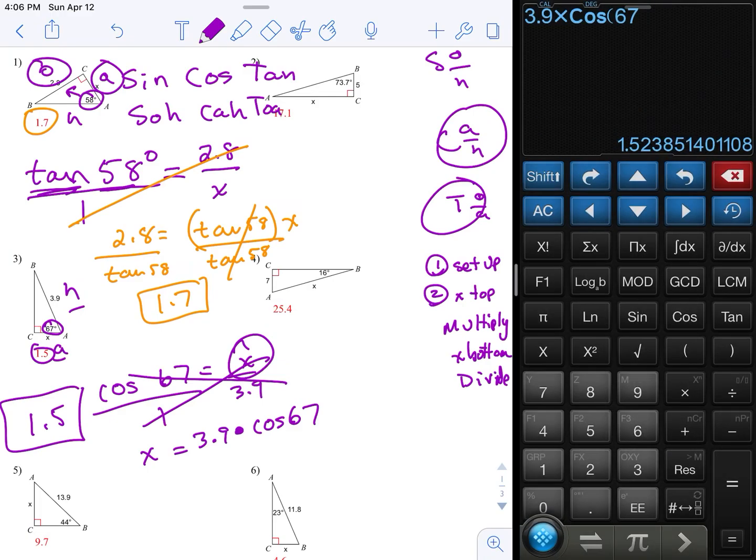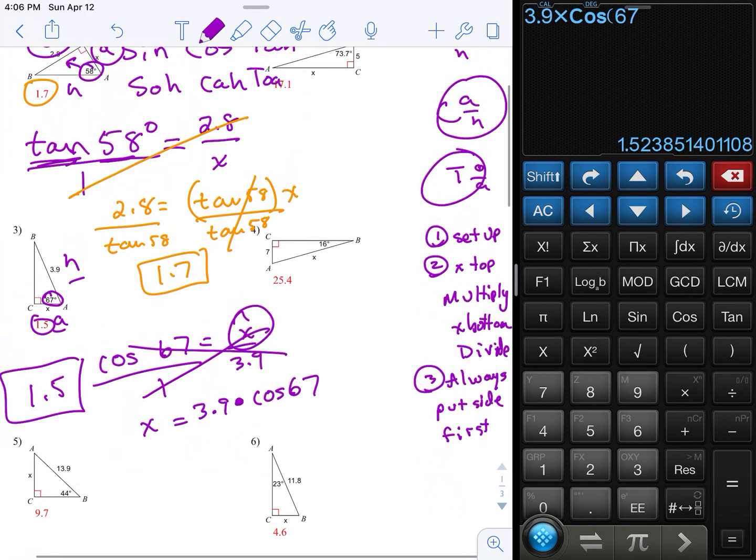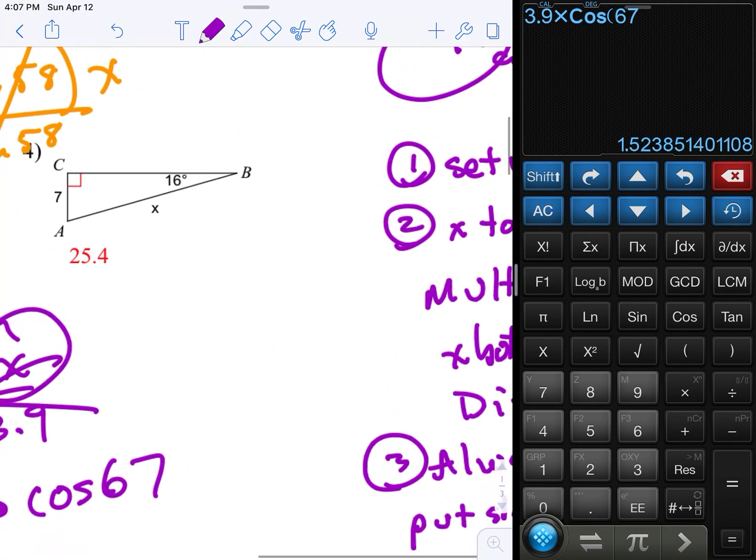And step 3, always put the side in the calculator first. We're going to do a couple more, and you'll see what I mean.